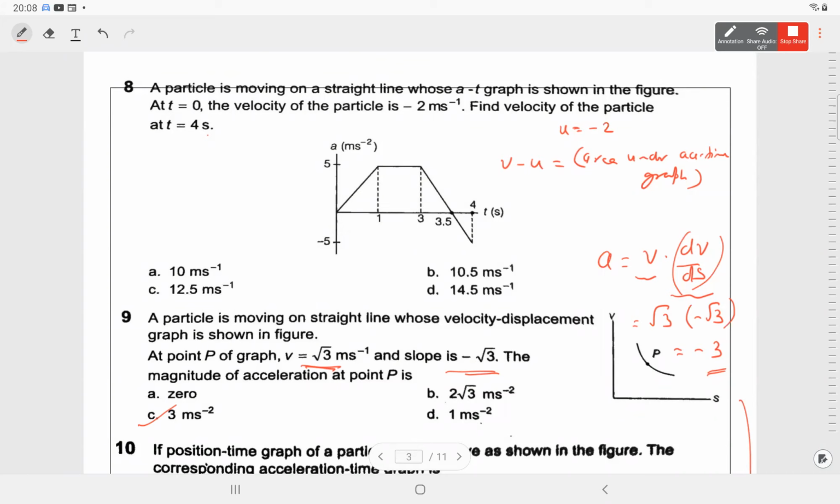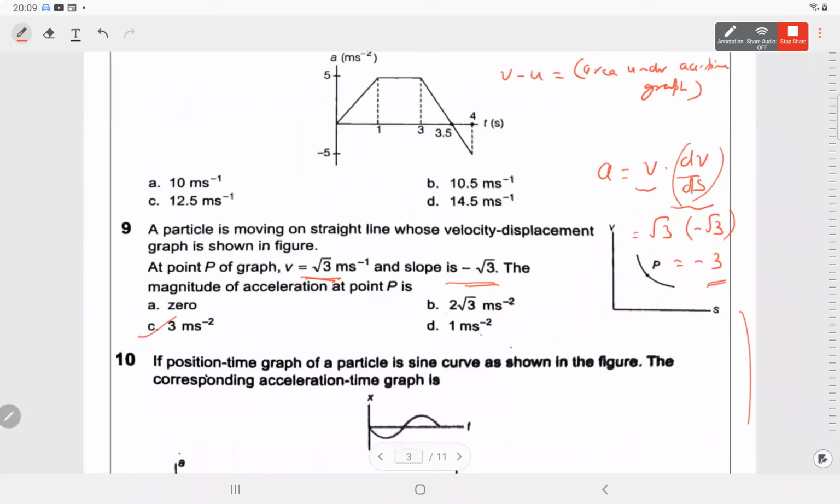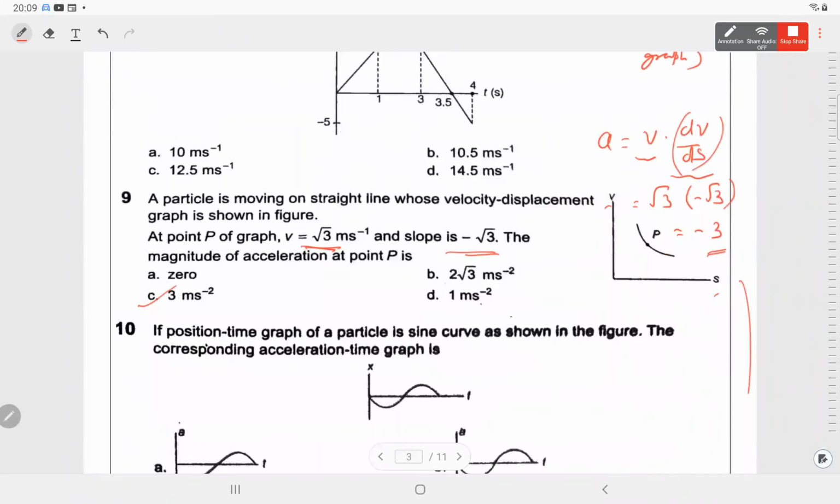V versus X graph. Right? Okay. बेटा समझ आ गया क्वेश्चन नंबर 9. ये V वर्सेस S है तो हमें V वर्सेस S वाली कहानी करनी पड़ेगी यूज.